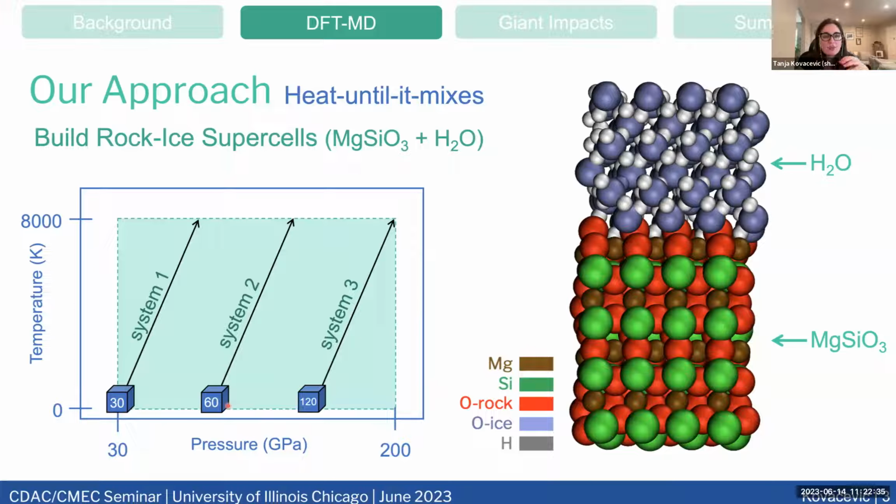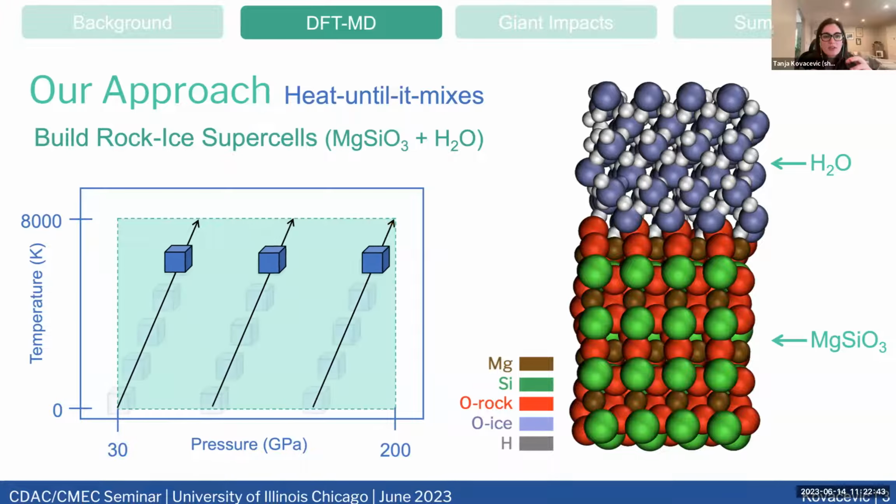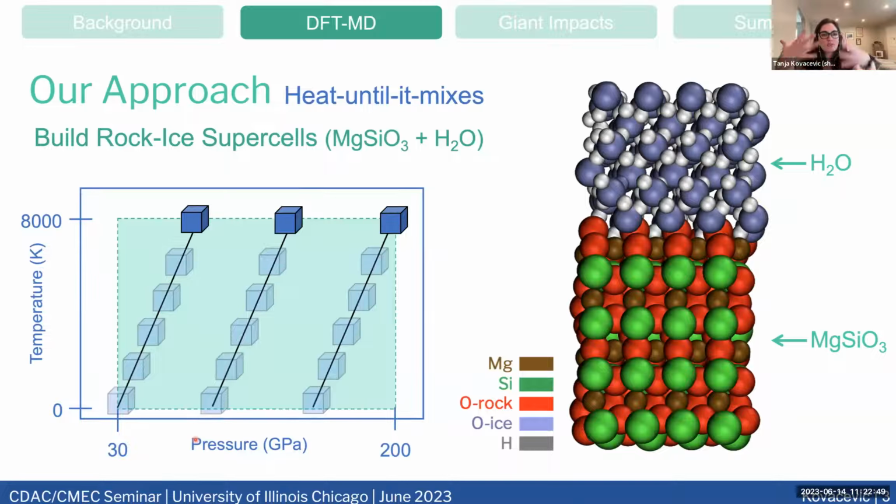Then I run simulations where I increment the temperature in 500 degree steps all the way up to 8,000. So that means I'm going to have a lot of simulations, and we're going to be able to produce isocores and investigate whether there are phase changes. So again, on a pressure-temperature plot, we're going to get isocores.